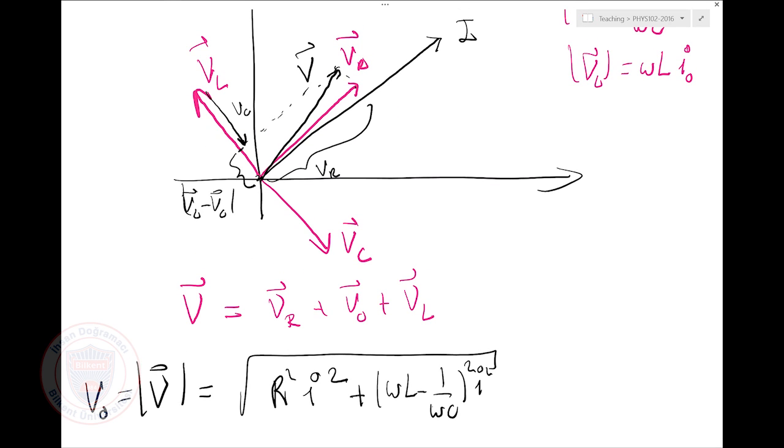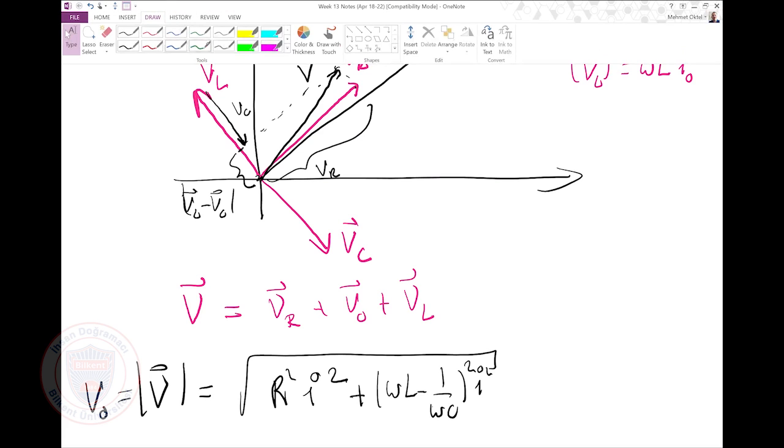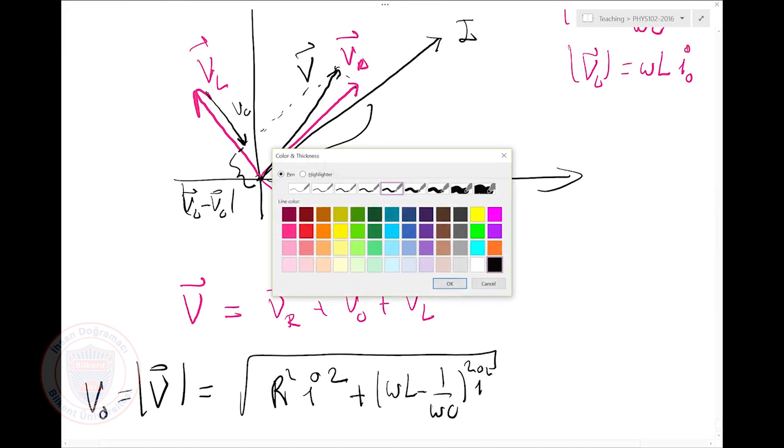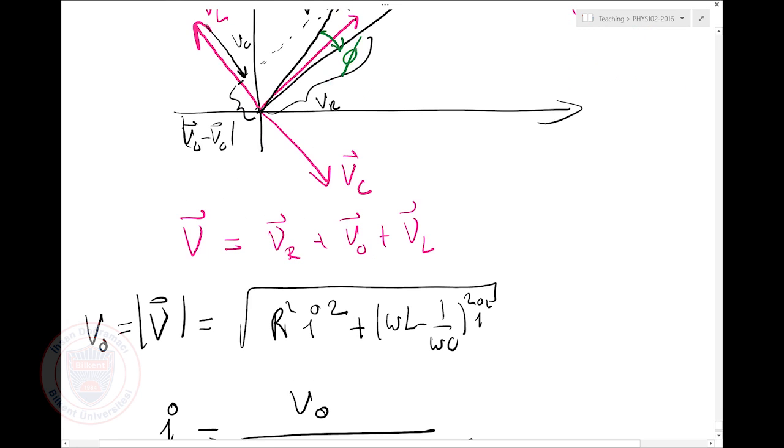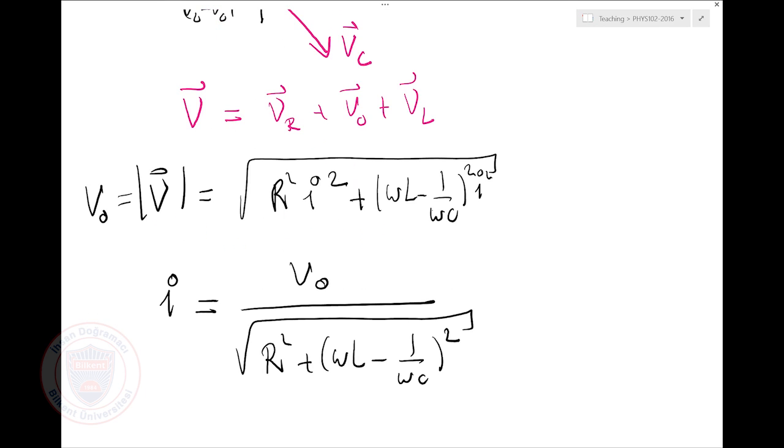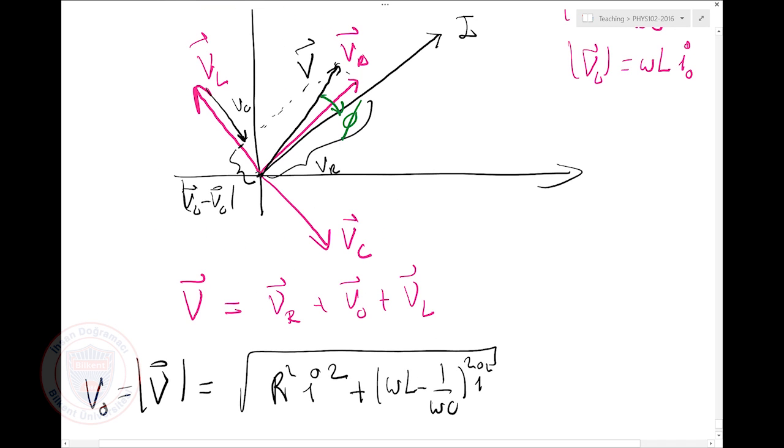How about the phase angle now? Well, where is that phase angle? The phase angle is between the total voltage and the total current, right? So that's going to be my phase angle. Let me redraw that triangle again.